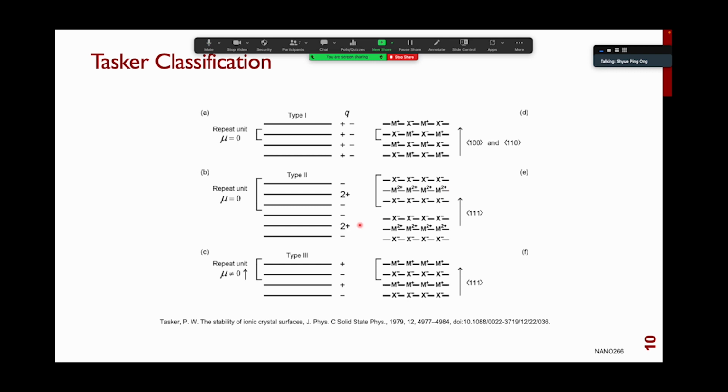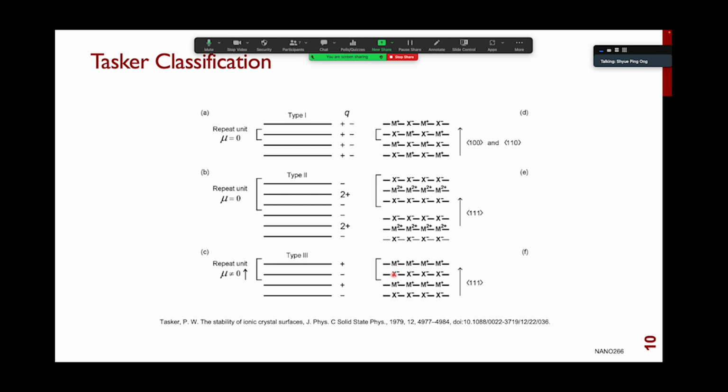Okay. Now the Tasker type 3 surface is basically this kind of situation, right? So the classic example is the 111 surface of your sodium chloride crystal structure. If you look at the 111 surface of your sodium chloride, you will find that essentially what you have is layers of M plus and X minus, okay? And the structure is still overall charge neutral.